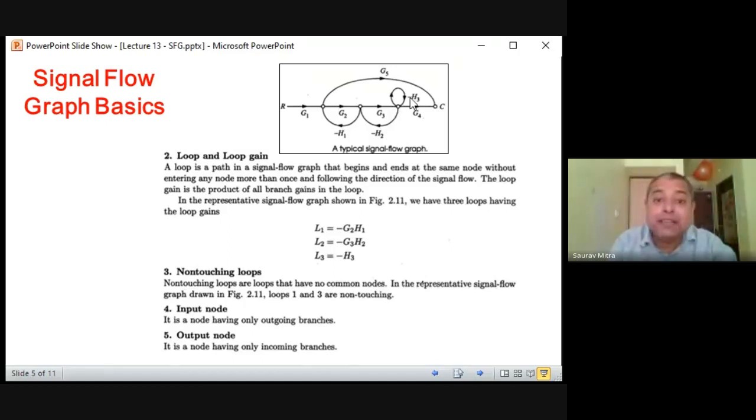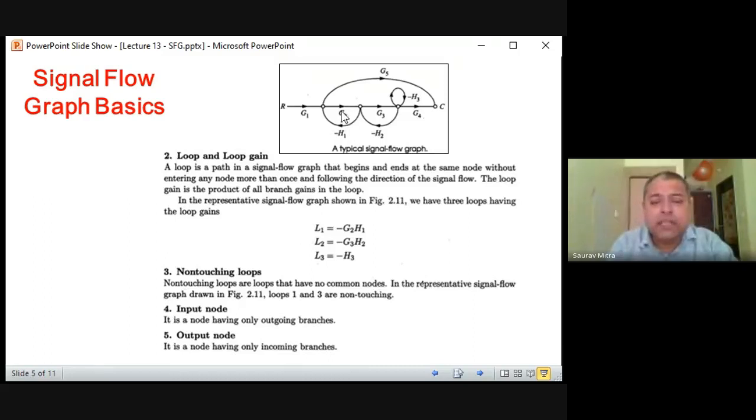But you can find that L1 and L3 are called non-touching loops. So that is what they're saying. Non-touching loops are the loops that have no common nodes. Okay, so loop 1, that is minus G2H1, and minus H3, they are non-touching loops. So in the representative signal flow graph, there are two loops, loop 1 and loop 3, that are called non-touching loops.